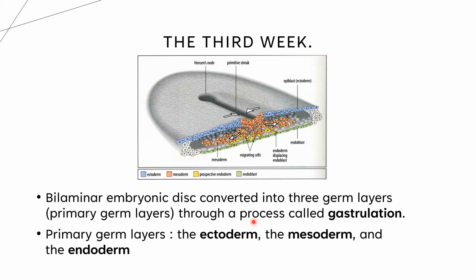So during the third week, the bilaminar embryonic disc is converted into 3 germ layers, the primary germ layers, through a process called gastrulation. The primary germ layers consist of ectoderm, mesoderm, and endoderm.